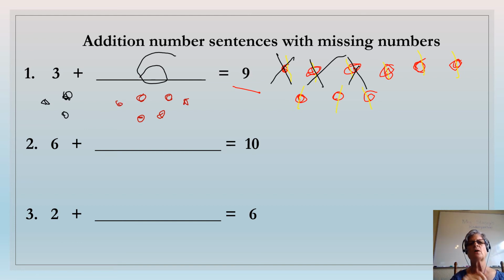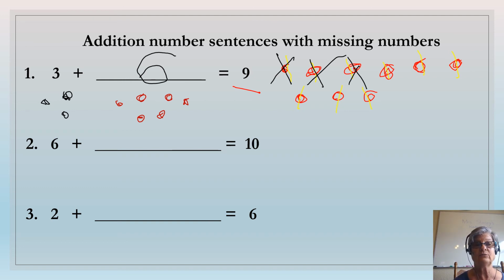Now let's count them all to see if I have 9. You ready? 1, 2, 3, 4, 5, 6, 7, 8, 9. And I have 9. Yay! Now you don't always have to do the second part. I made 3 black dots and 6 red dots to make sure.